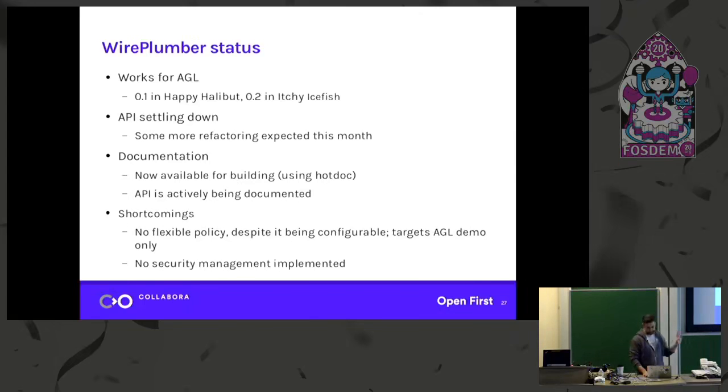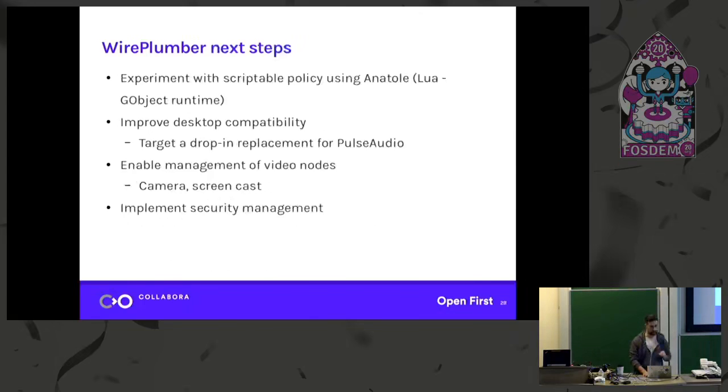But we have a plan. So the next step, what I want to do next, is experiment with a scriptable policy, provide an API that scripts can be written to influence how these decisions are taken about what to link where.